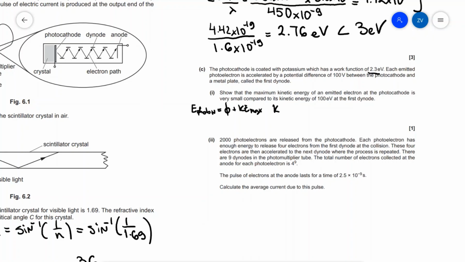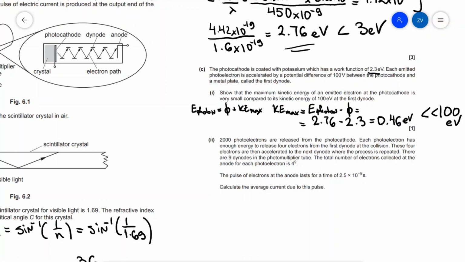So that means that K max will be the energy, so let's say E photon minus the work function. Now the energy of the photon we've just calculated up here, that's 2.76 minus the work function, which is 2.3, which is going to give us 0.46 eV. Now 0.46 is significantly less than 100 eV as quoted earlier in the question, so we have shown that.